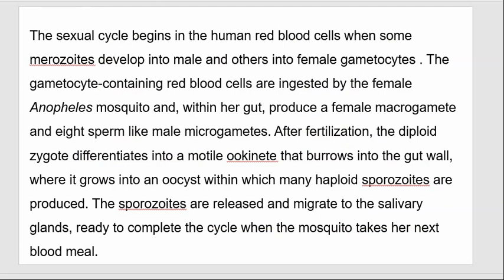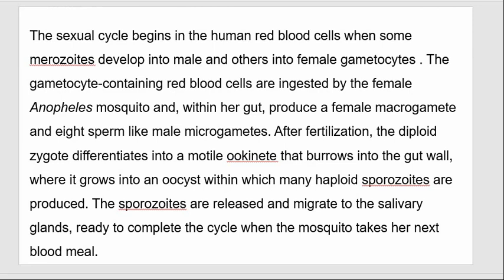The sexual cycle begins in the human RBC when some merozoites develop into male and other into female gametocytes. The gametocytes containing RBC are ingested by the female Anopheles mosquito, and within her gut produce female macrogametes and 8 sperm-like male microgametes.